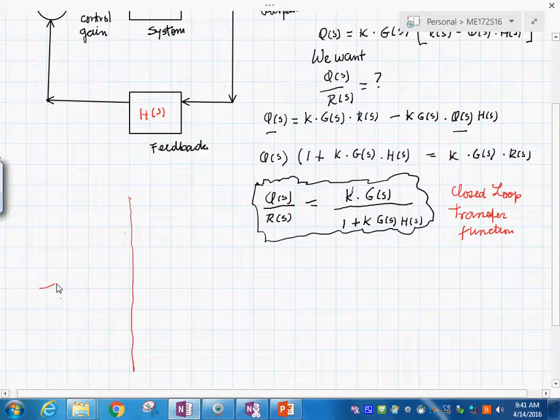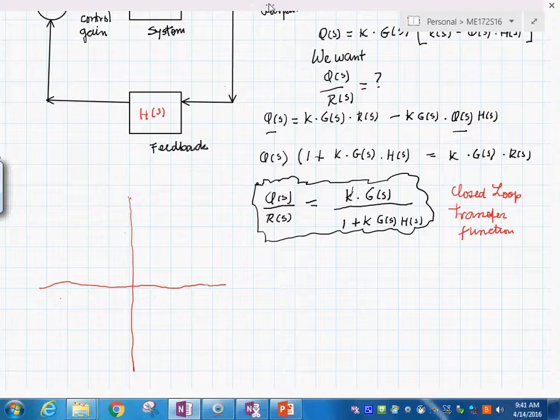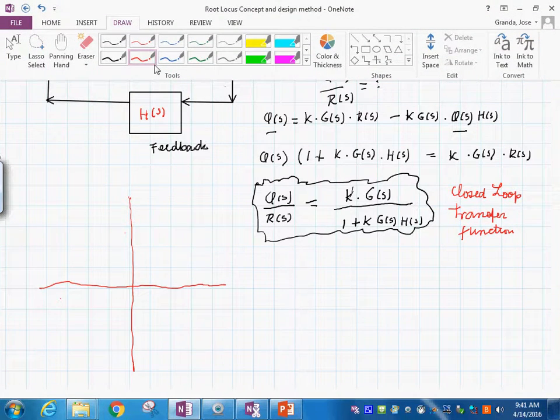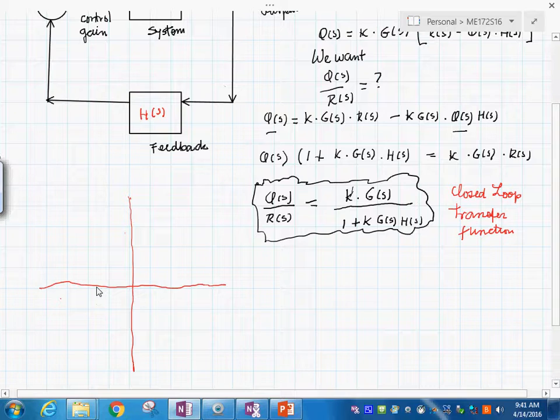If this is my plane, the complex plane, I may say, okay, when K is equal to 1, let's say you may have roots over here. When K is 2, they might come here. See, they get closer like this until you begin having roots like this as you keep changing.